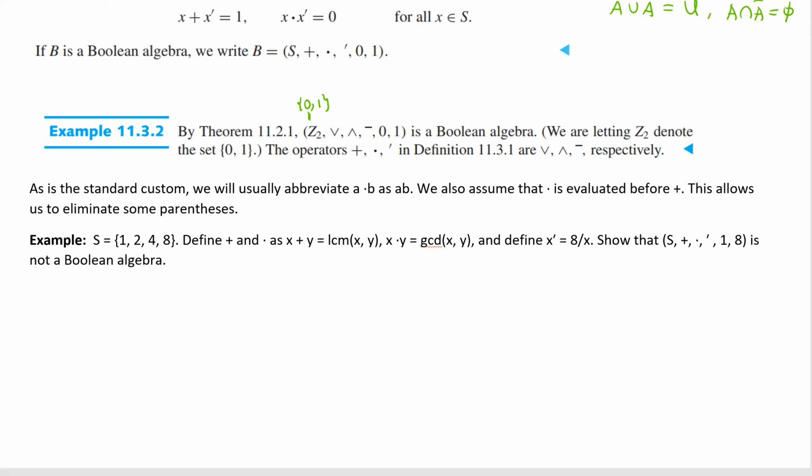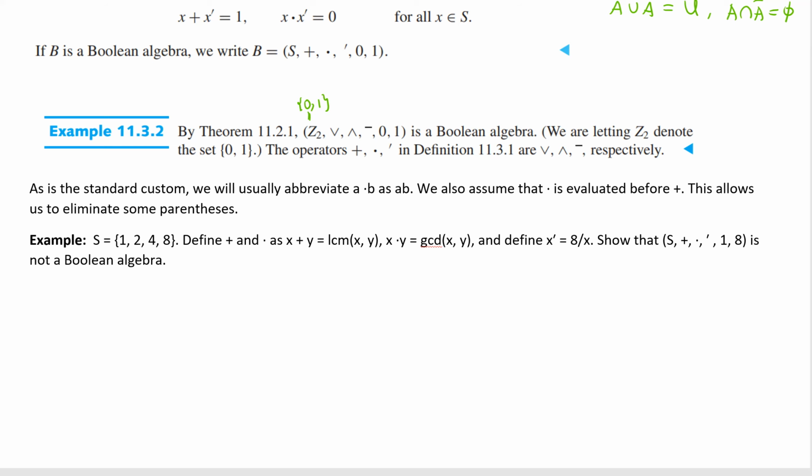The operators plus, multiply, and complement are or, and, and not respectively. So as is the standard custom, we will usually abbreviate A times B as AB. We also assume that multiplication is evaluated before plus. This allows us to eliminate some parentheses.